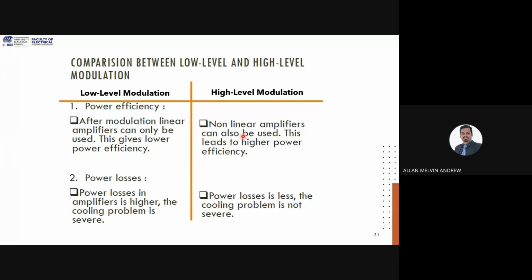A non-linear amplifier we usually use in high level modulation. Non-linear meaning is not linear. It can be reciprocal, it can be logarithmic. So if you give A, it will decide. It will have some intelligence or some formula inside to calculate according to your input.